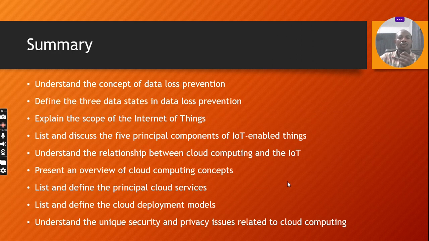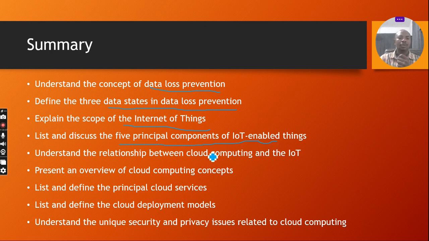So that's the end of these sections, and these are the areas we've looked at. We looked at data loss prevention. We looked at the data states, the 3 states of data, and data loss. Then we looked at the scope of the Internet of Things, and the 5 principal components of Internet of Things enabled systems.